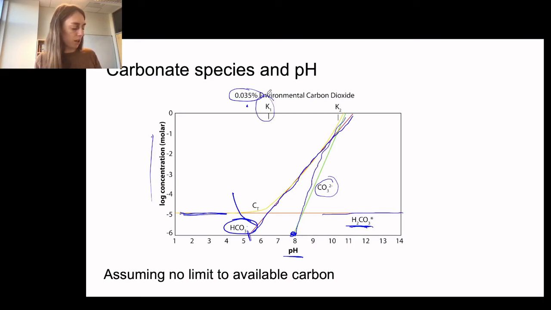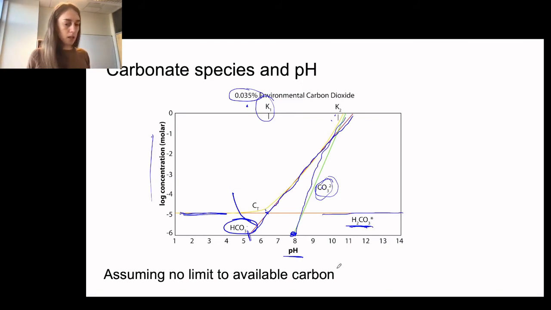So here is our K1, where our bicarbonate is in equilibrium with our carbonic acid, and here's our K2 where we start plucking out our carbonate, our second equilibrium constant. So again, because we have no limit to the total available carbon, we're just going to keep creating our bicarbonate and our carbonate, and we're going to keep pulling CO2 out of the atmosphere.